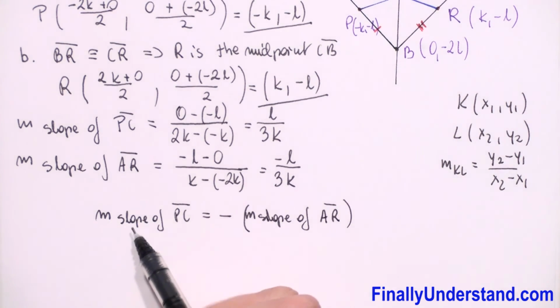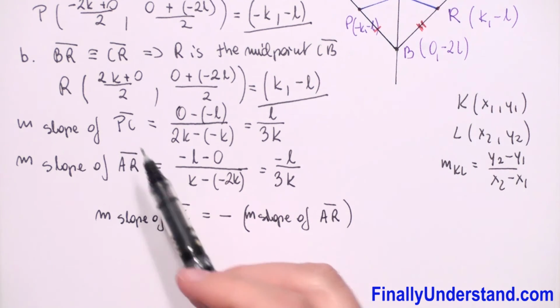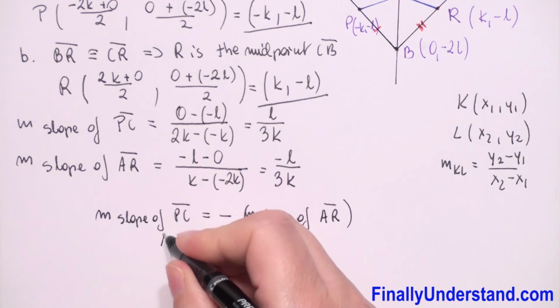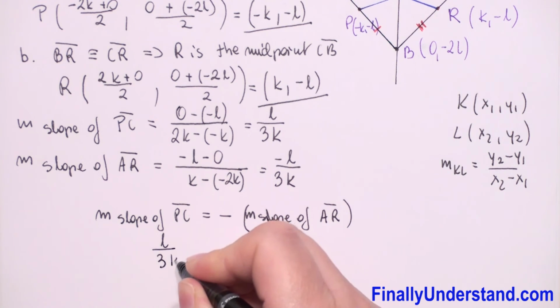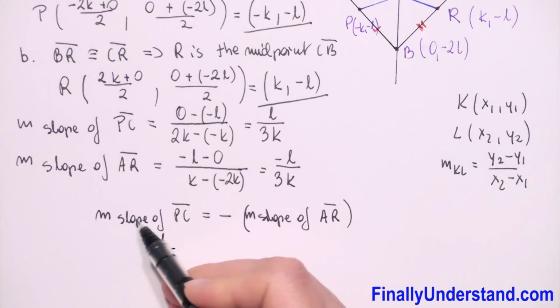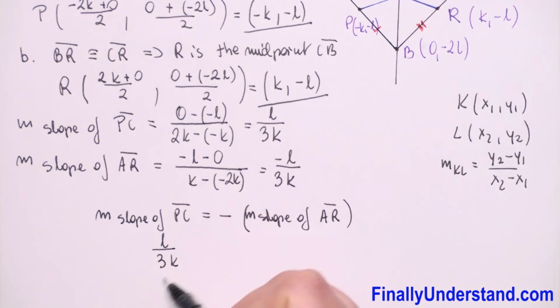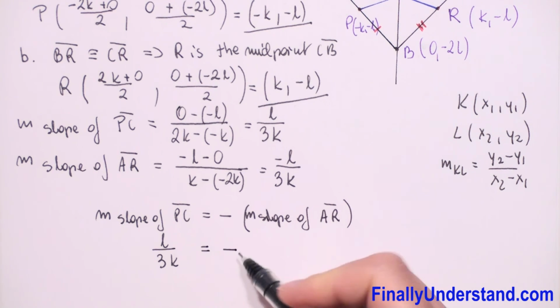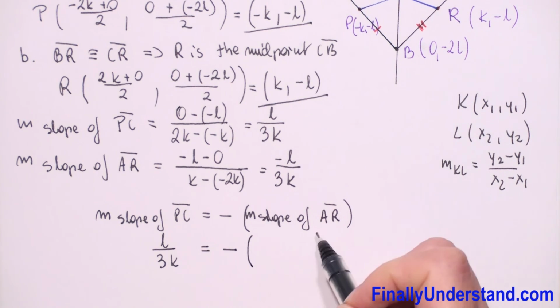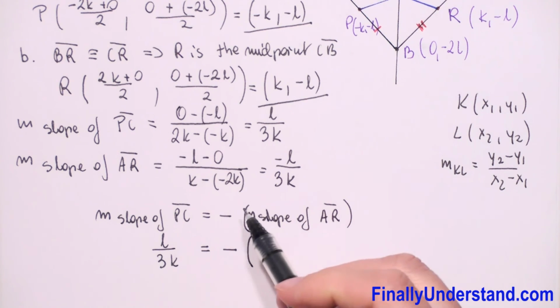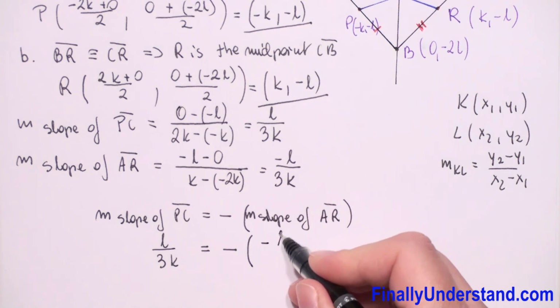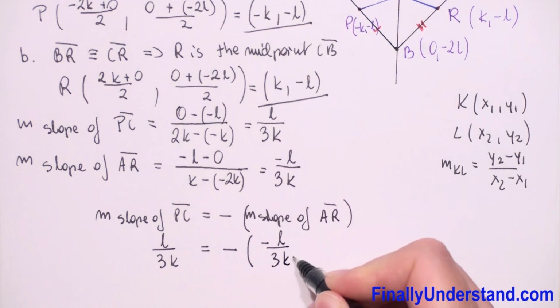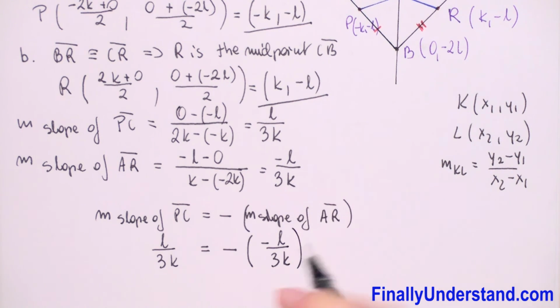We found that the slope of PC segment is L over 3k, so I just substitute this expression. We have equal, and we have a negative sign, and in parentheses we have the slope of AR segment, which is negative L over 3k. We just found this.